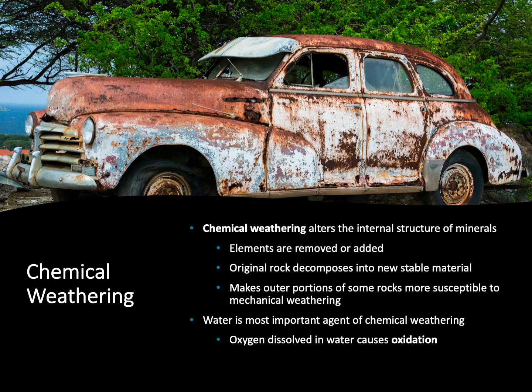The exact same thing happens with chemical weathering of a mineral. And just like in the car, we see that the most common agent of chemical weathering is water. And that's because water has lots of oxygen dissolved inside of it. And when water gets in contact with metals, it can cause something called oxidation to happen. And oxidation is exactly what we see when we're looking at rust.